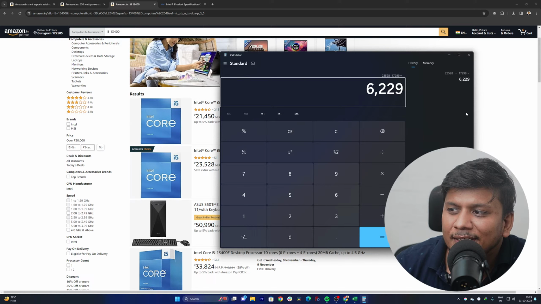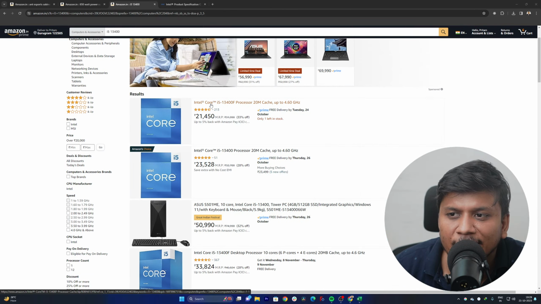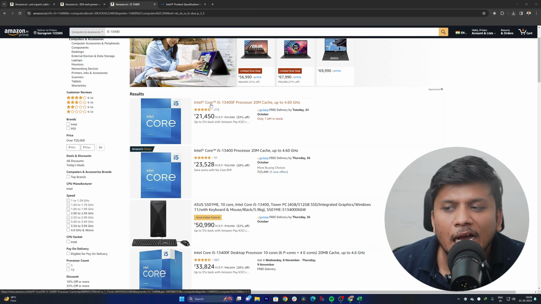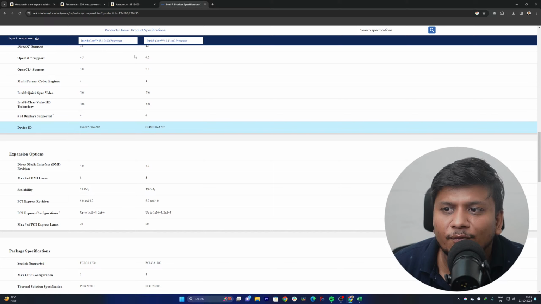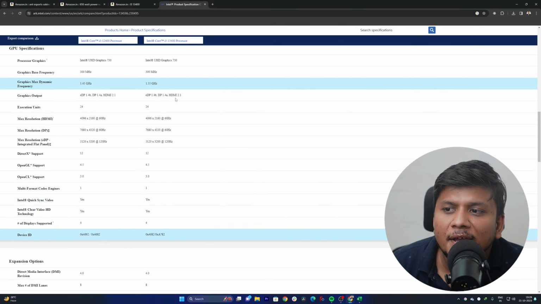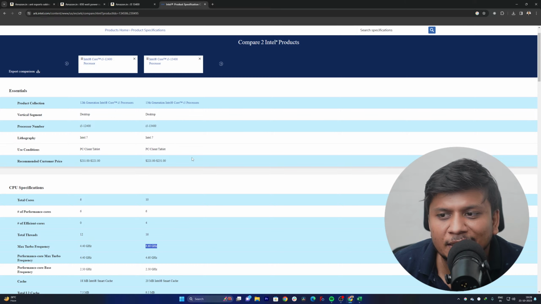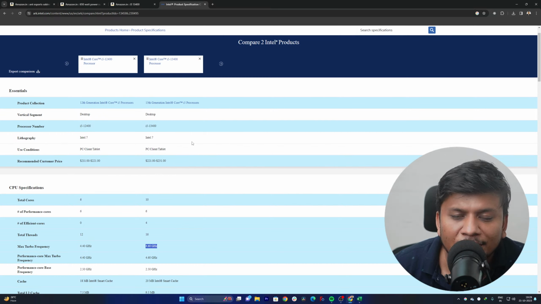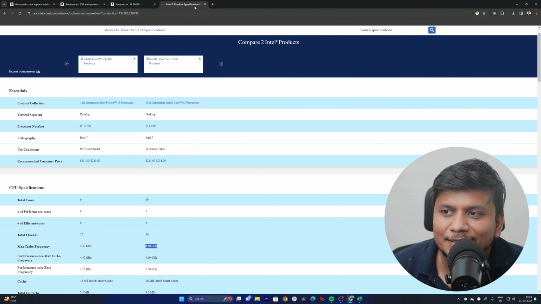So you are paying a hefty amount of money for the performance gain that you get. That's why I recommend you go with the 12th generation Core i5-12400. Since there is no change in lithography and the performance gain is not that high, whether we speak about single core performance or multi-core, I would suggest you go with this one.